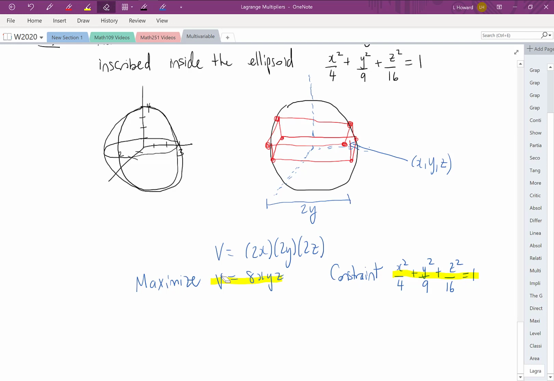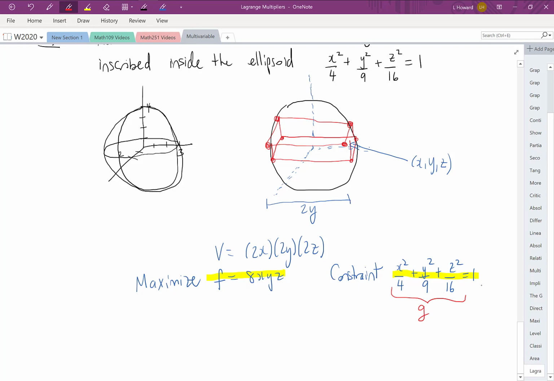So if you like, you can call the function that you're trying to maximize f, just because that's the notation that we used when we introduced Lagrange multipliers. And when you're talking about your constraint, it is important to have it in the form g equal a constant. So we've got a 1 on the right side.